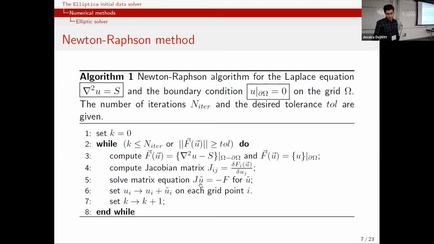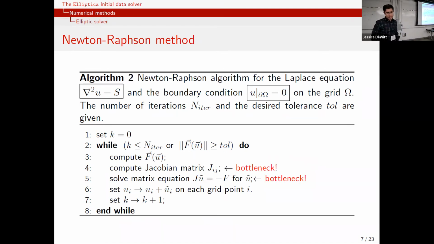You find the answer u tilde, and you update your initial guess. You keep going through this process again and again until you reach some criterion. For example, if the number of iterations exceeds some number, or if the tolerance of this vector is lower than a specific prescribed value.